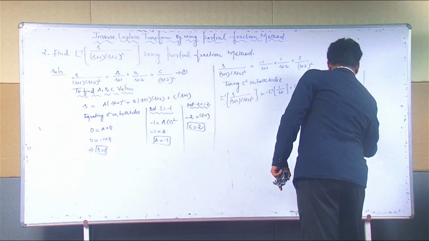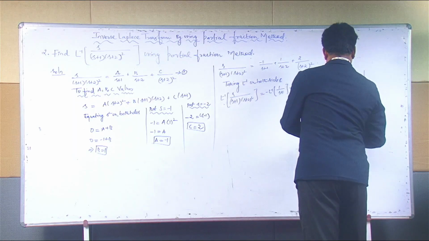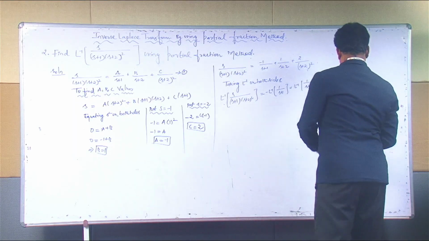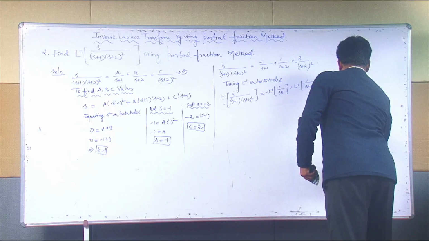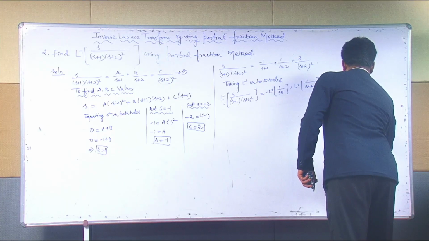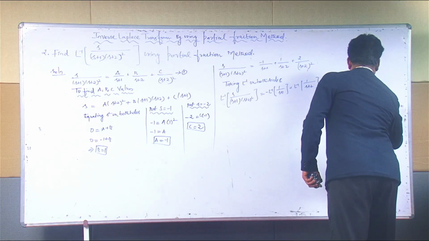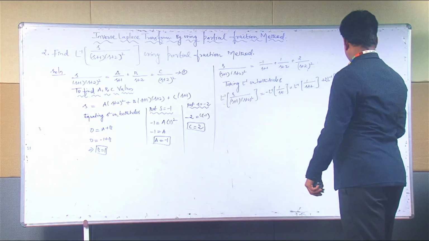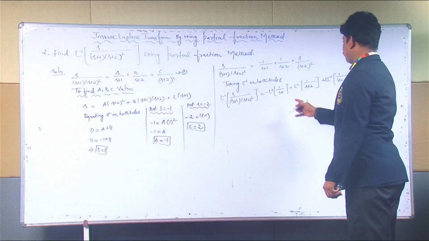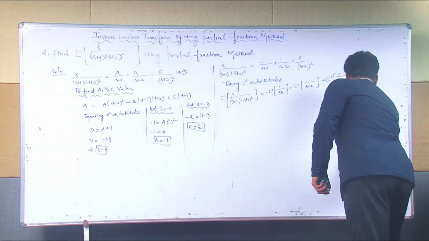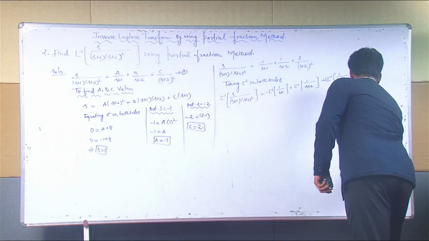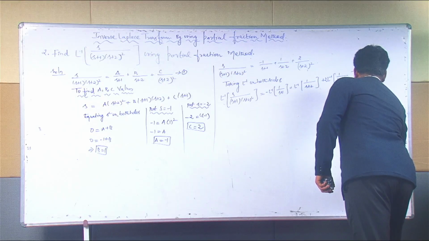Already you know the formula: L inverse of 1 divided by s plus a equals e power minus at. Instead of a, I am going to replace 1. So L inverse of 1 divided by s plus 1 is e power minus t.